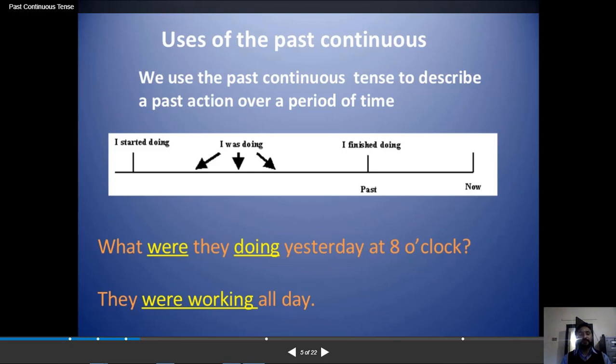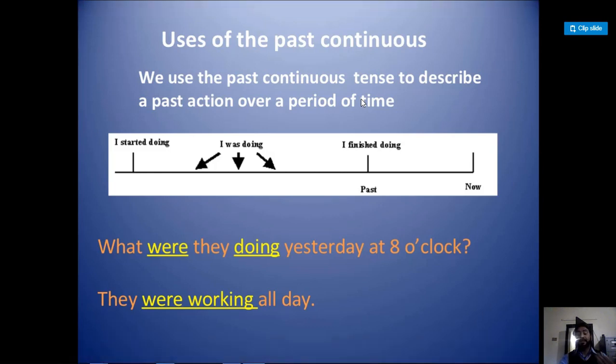We use the past continuous tense to describe a past action over a period of time. So we use the past continuous, the past progressive tense, in order to describe a past action over a period of time which was in progress, some period of time in the past.